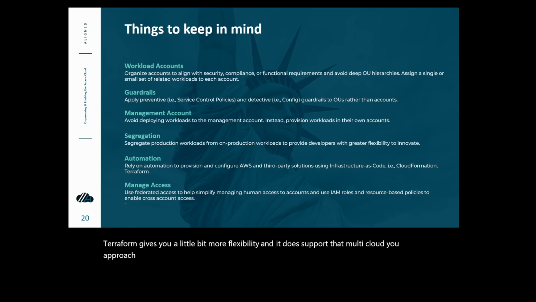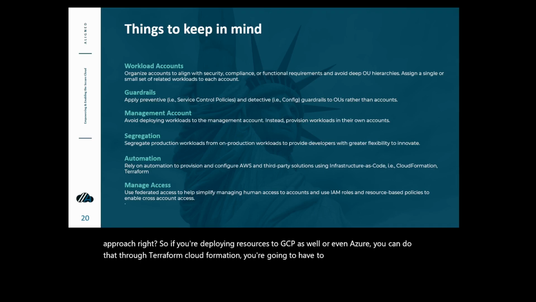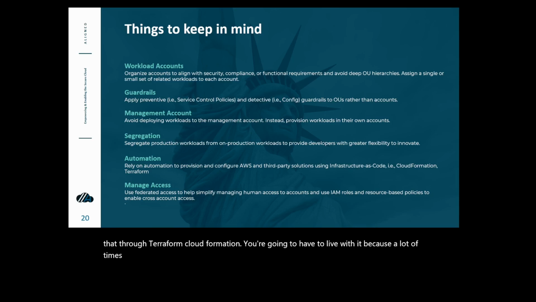So if you're deploying resources to GCP as well, or even Azure, you can do that through Terraform. CloudFormation, you're going to have to live with it because a lot of times third-party integration tools, they're CloudFormation scripts, right? They're not Terraform scripts.